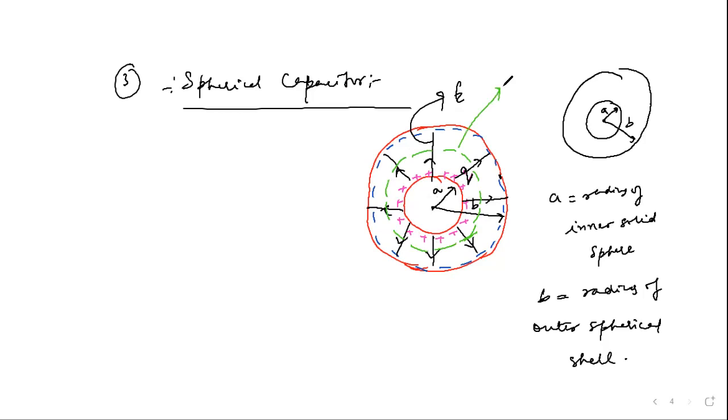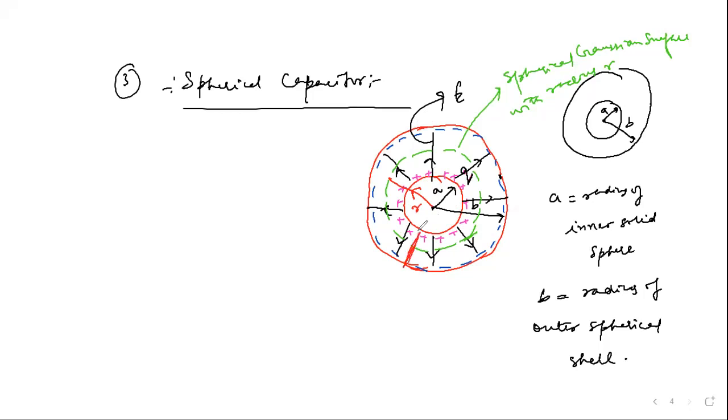So this is what? Spherical Gaussian surface with radius r. So let me show its radius. Its radius is r.